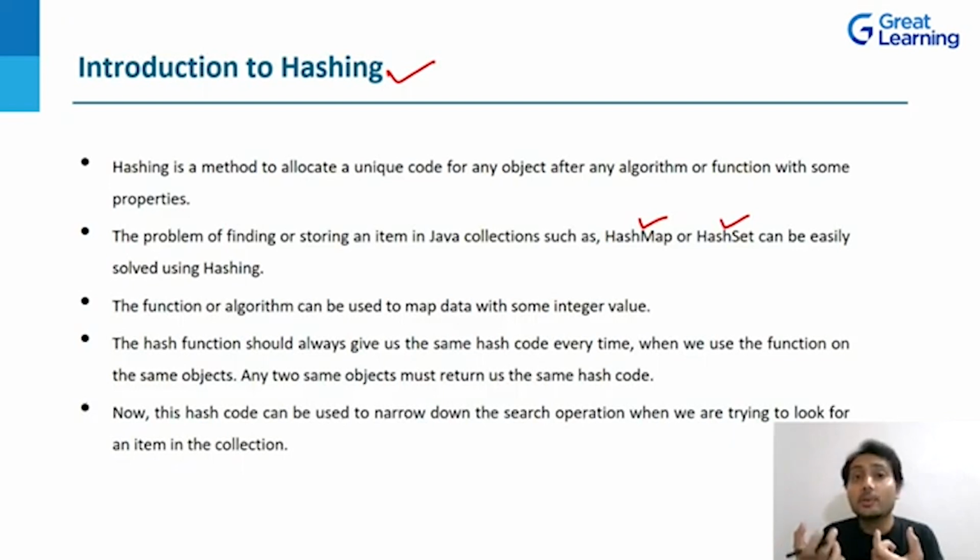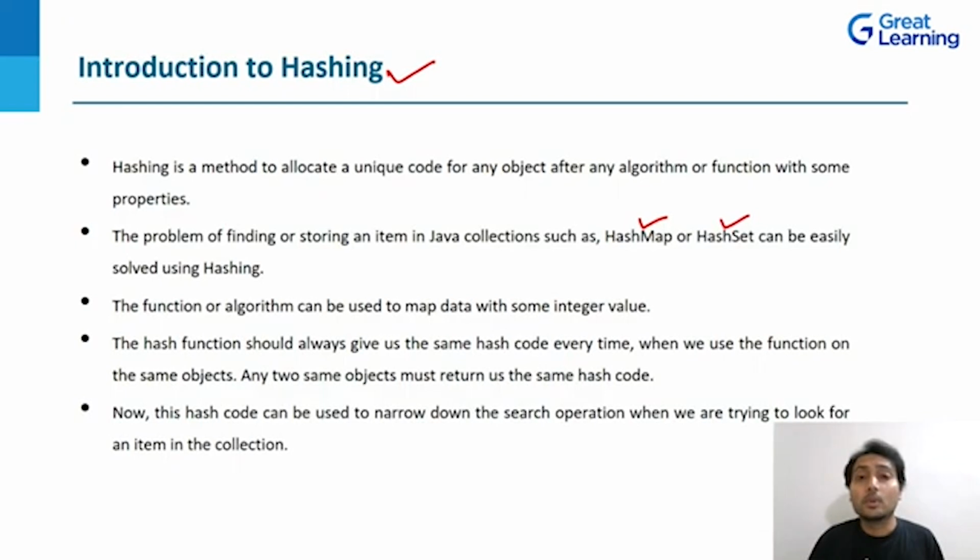With the help of this hash code, you can perform operations such as search, delete, or insert, or any other operation very easily. Say for example, if you want to search for a particular value inside your linked list, one option is to search from the beginning till the end, in the worst case.